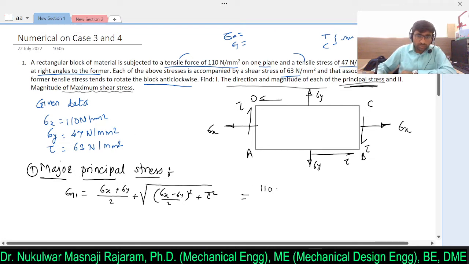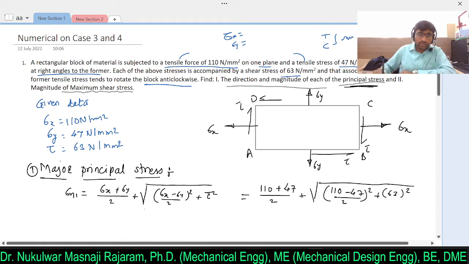So (110 plus 47) divided by 2 plus under root of ((110 minus 47) divided by 2) whole square plus tau, it is given 63, square.